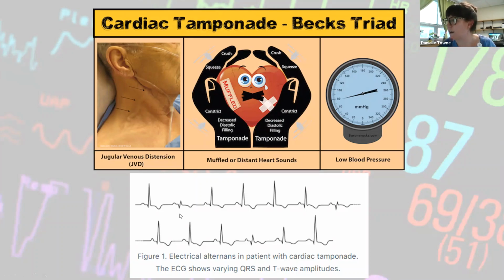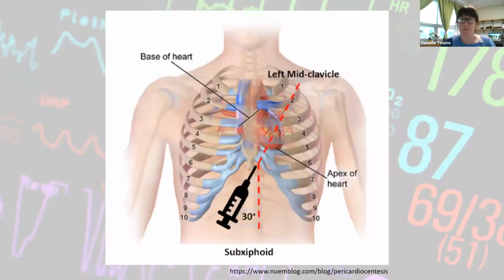You can see here how we have several beats, and the amplitude varies within the same lead. So that's electrical alternans. That should trigger you into thinking there must be something with the heart, because the heart itself is moving beat to beat, which is giving me different amplitudes. I always thought that one was kind of interesting. So what do we do for these people?